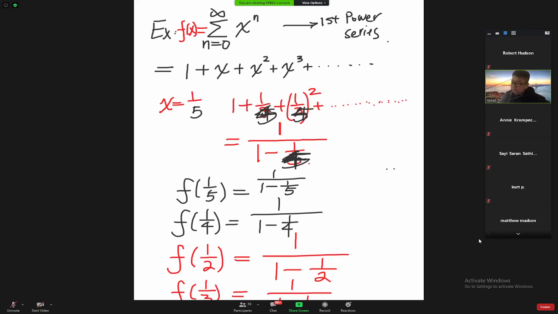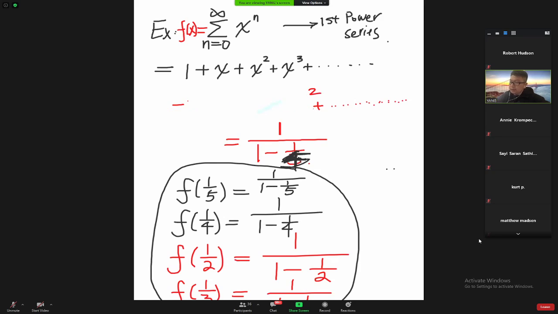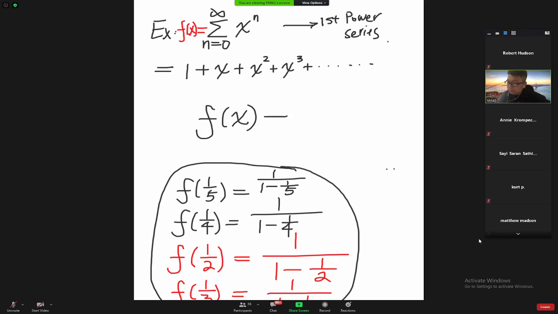Okay, so from those examples, from those numbers, I almost could have a conjecture. And the conjecture is what? f(x) is simply equal to what?